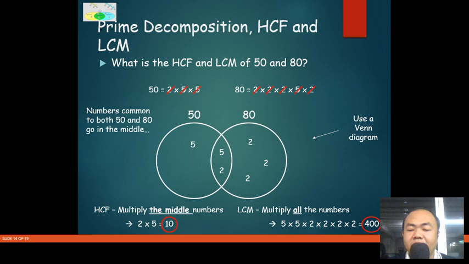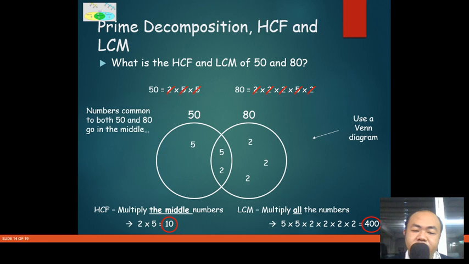Okay, not this part. This is a Venn diagram. First, what are the factors of 50? 2, 5, and 5, and then 80: 2, 2, 2, 5, and 2. This is not too common, but just see the picture for the example.